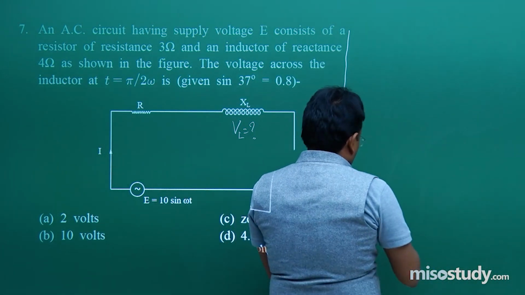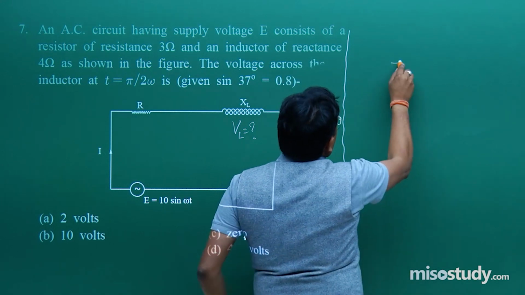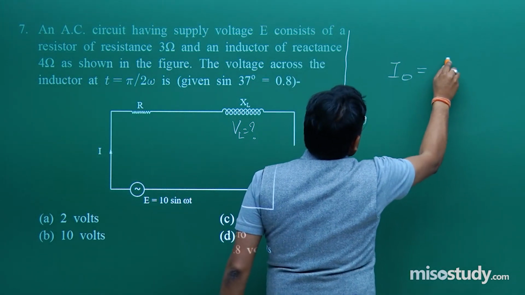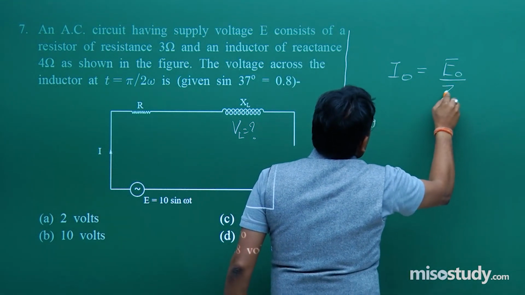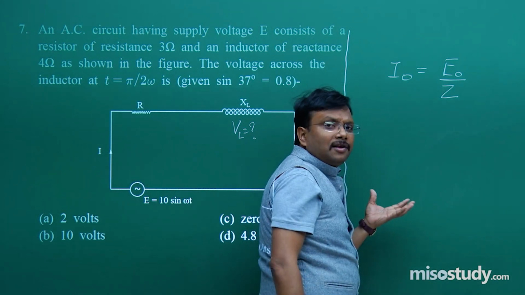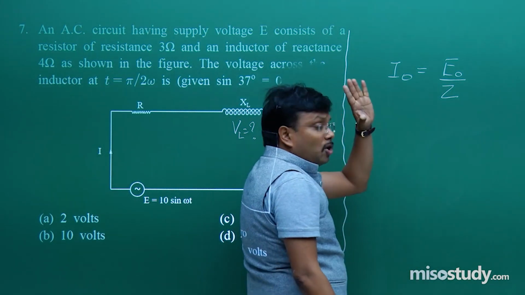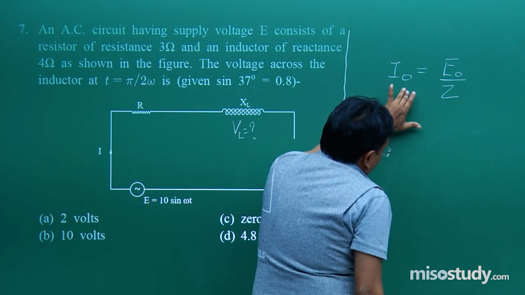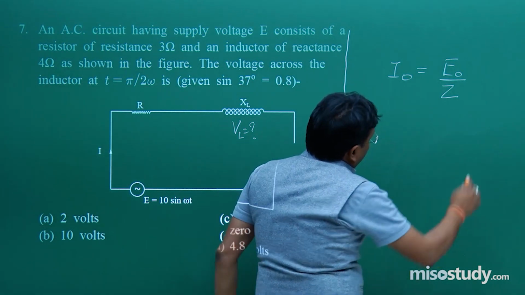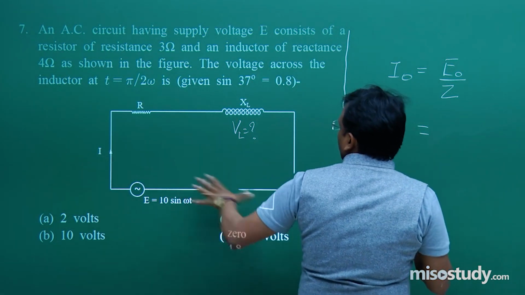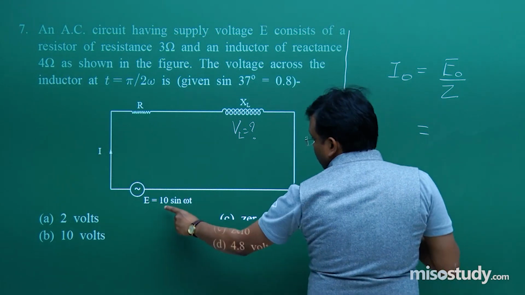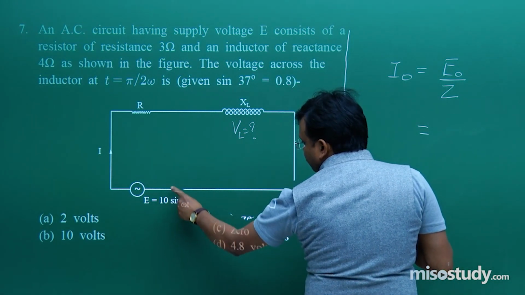The same formula I will use again, that is I naught is equal to E naught by Z. You can say yes, it is a basic result, V is equal to IR type of formula, class 10th, fine. So, I naught is equal to E naught upon Z, put the values, given over here. So, E naught is how much? 10, this is given.